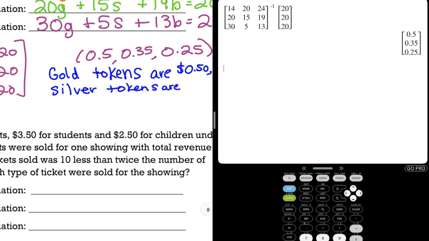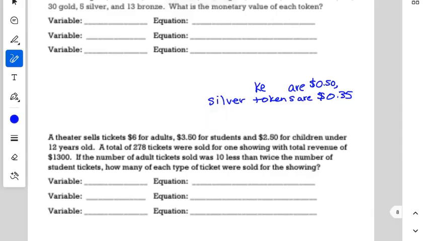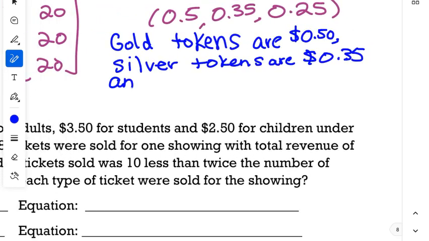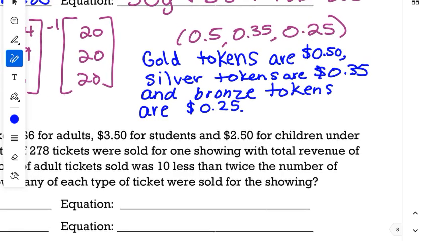Silver tokens are 35 cents. And bronze tokens are 25 cents. So word problems need word sentence answers.